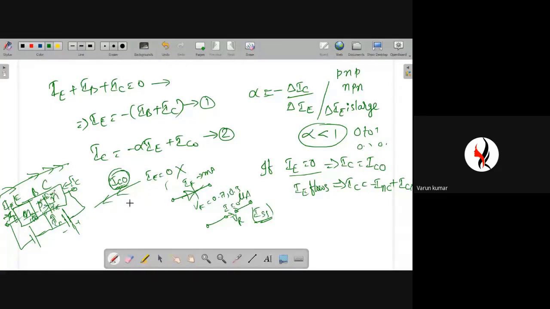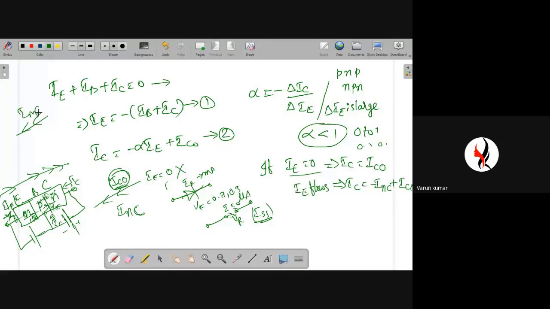Suppose the transistor is a PNP transistor, then the collector will be of p-type semiconductor. If the collector is p-type semiconductor, I will indicate the current as IPC instead of INC. The capital C indicates the collector. If I want to represent the base current or emitter current, I will represent it with capital B or capital E like that.